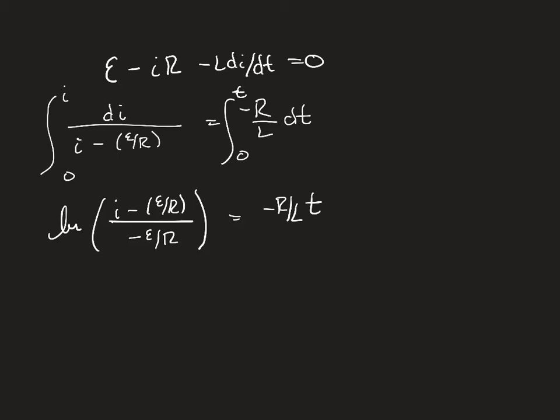And then applying log rules, I'm going to raise the exponential to both sides and rearrange so that we get the relationship that the current is equal to the EMF over the resistance times 1 minus the exponential raised to the minus R over L times t.